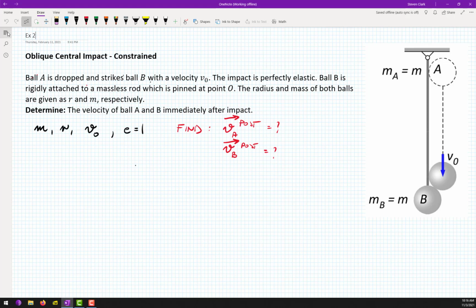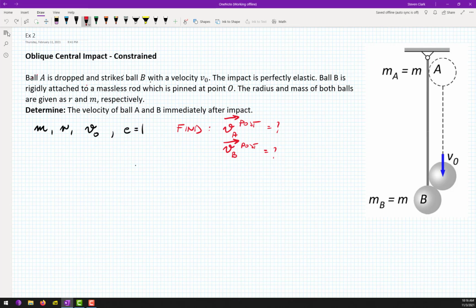That problem statement is very short, right? But the solution will be long. Okay, so this is a very specific example of impact. This is called constraint impact. Why? Because clearly you have a constraint in the system. Yeah, that rod is our constraint.